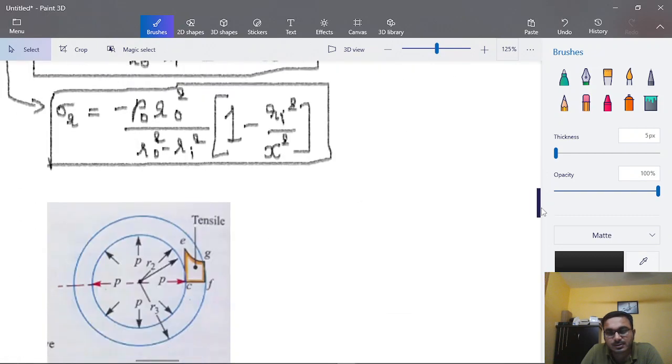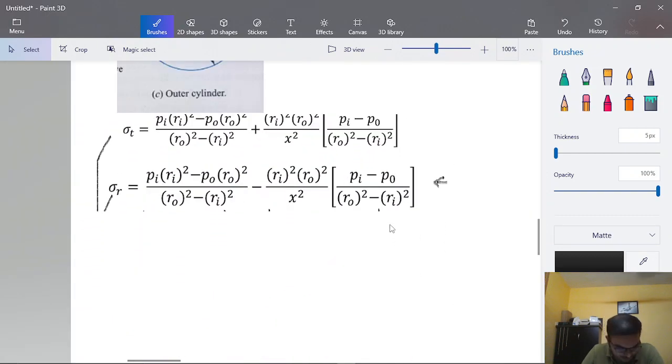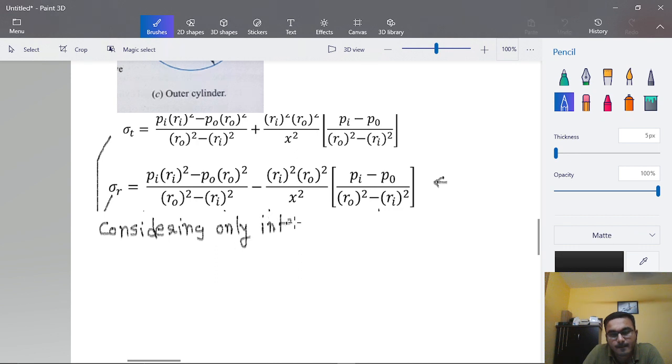So for that we need to consider only the internal pressure. In such case Po will be taken as 0.